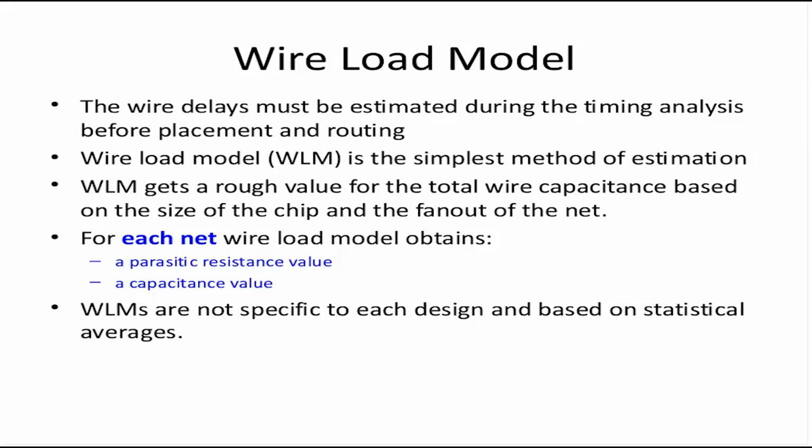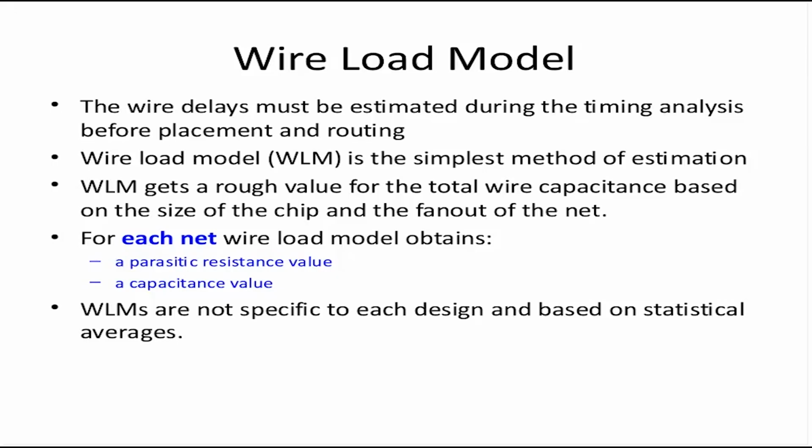WLM gets a rough value of the total wire cap based on the size of the chip and the fanout of the net. So for each net, DC will go to this WLM, and there will be different wire load models. For a particular fanout, it will go to that listing.